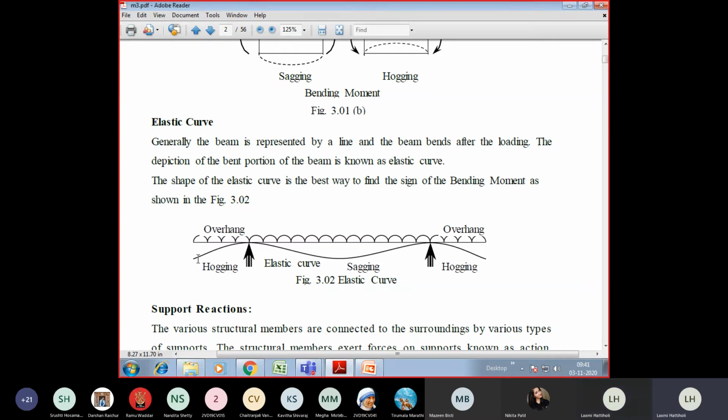Yes, ma'am. Right. So I want everyone to do this experiment at home. Take any material which is flexible, it can be a pipe or any flexible material, apply this kind of loading and reaction, and check the curve that has been generated because of the loading and the reaction.